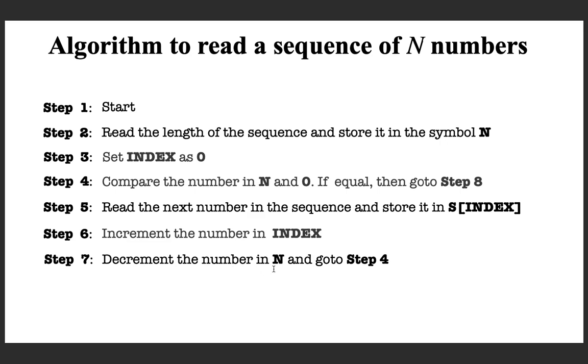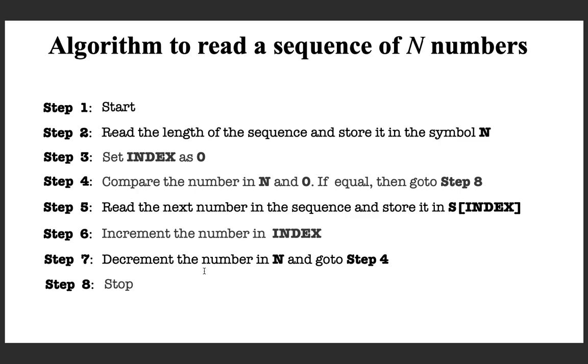And finally, you will get the value of n as 0. You will compare these two and you will find that they are equal. This will definitely happen because you are decrementing n and n is a natural number. So finally, you are going to step 8 because you finished reading and now you are stopping. So now we know how we can read and store a sequence of elements.